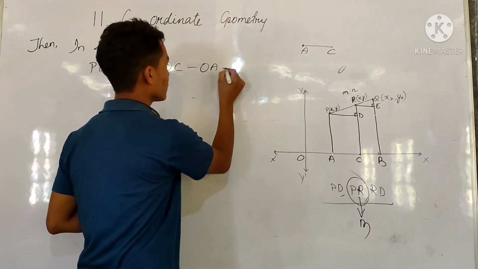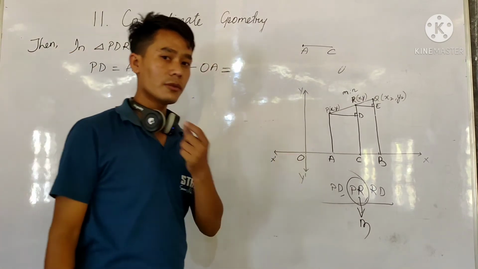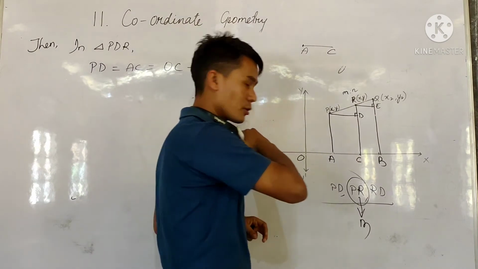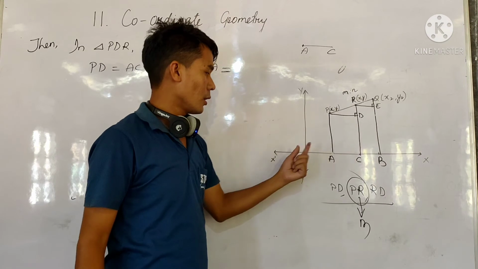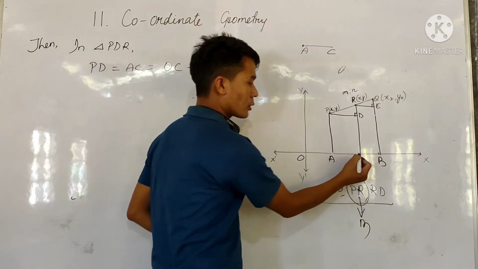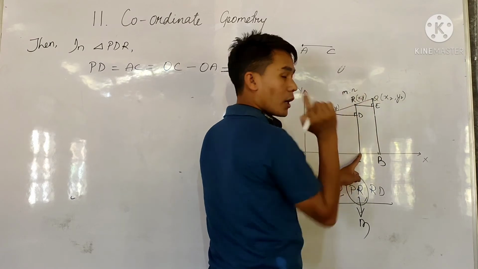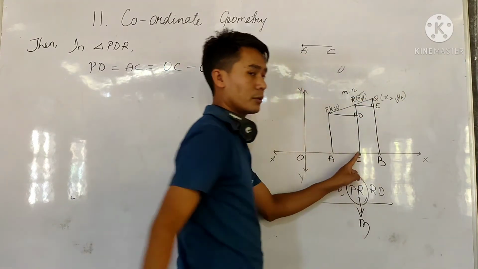Next, OC. What is the value of OC in terms of coordinates? Since the line is going along the x-axis, horizontal, the coordinate of this point is (x, y), and since it is horizontal, take the x value.